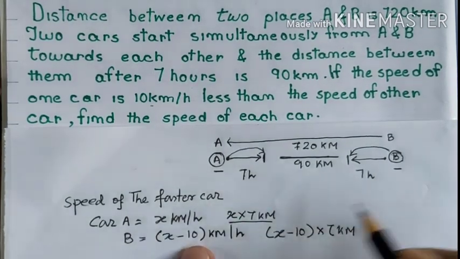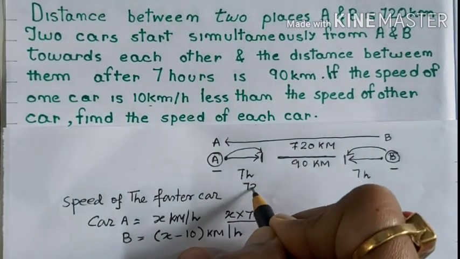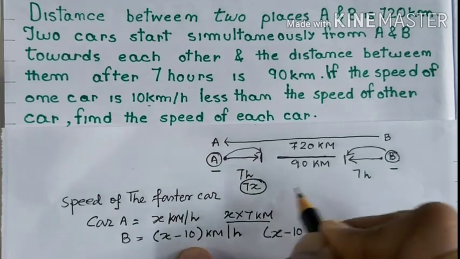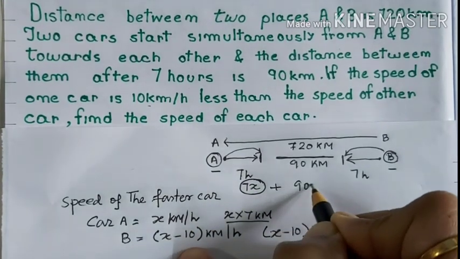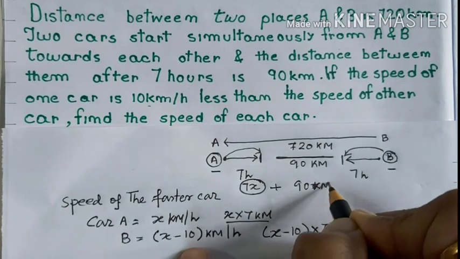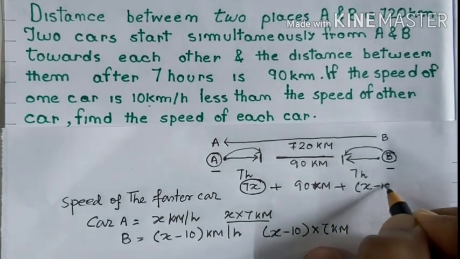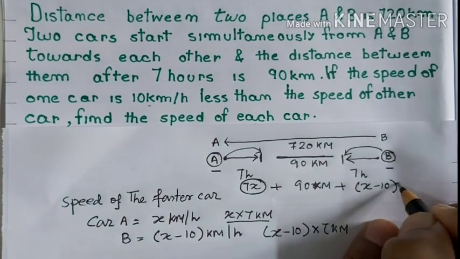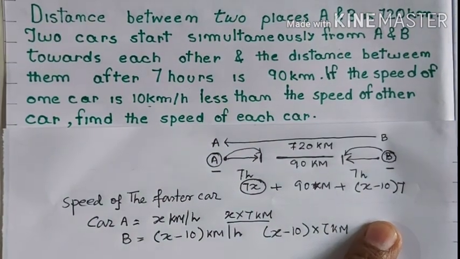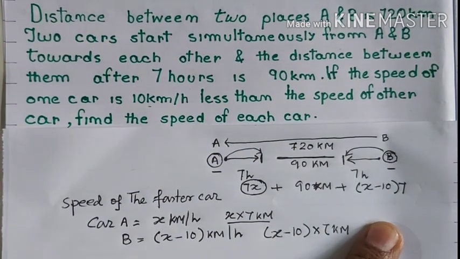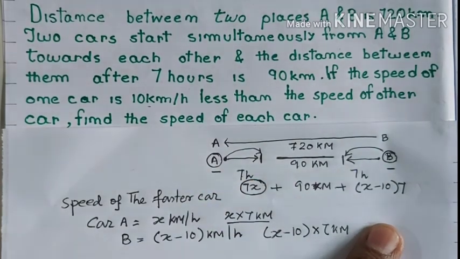So we can write 7x km is the distance, plus 90 km, plus x minus 10 into 7 km. This is the total distance.